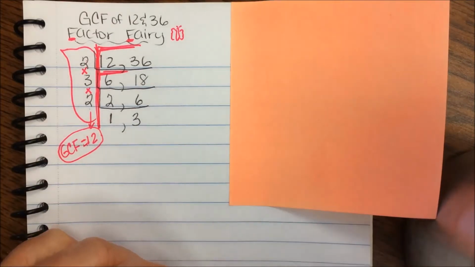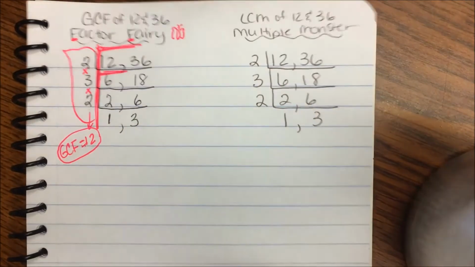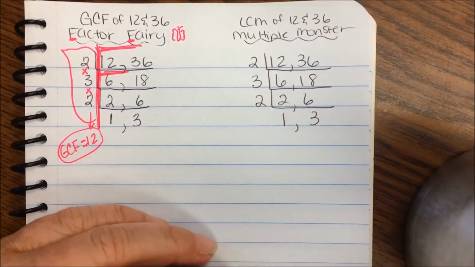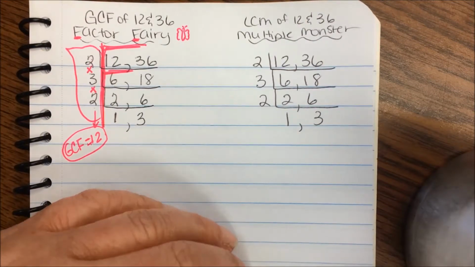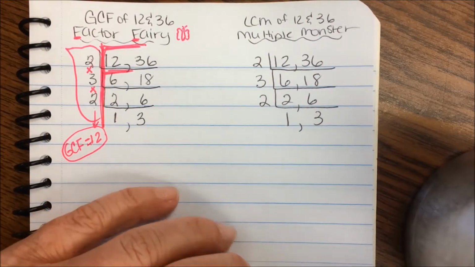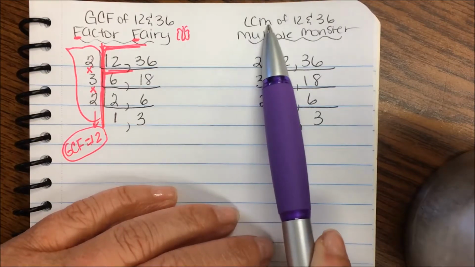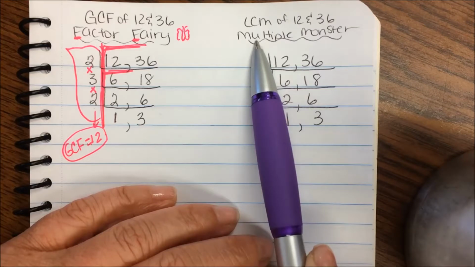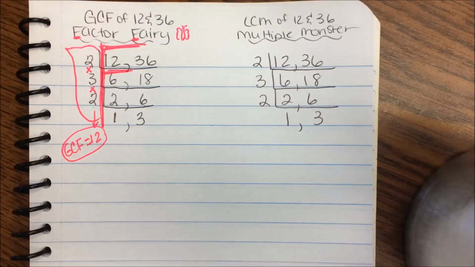Now I want to show you how to use that same method to find the least common multiple. Okay, it's similar, but you're just going to create a little bit of a different shape to find your answer. When you think about least common multiple, I want you to think about Multiple Monster. Rah, Multiple Monster. He's really big and scary.